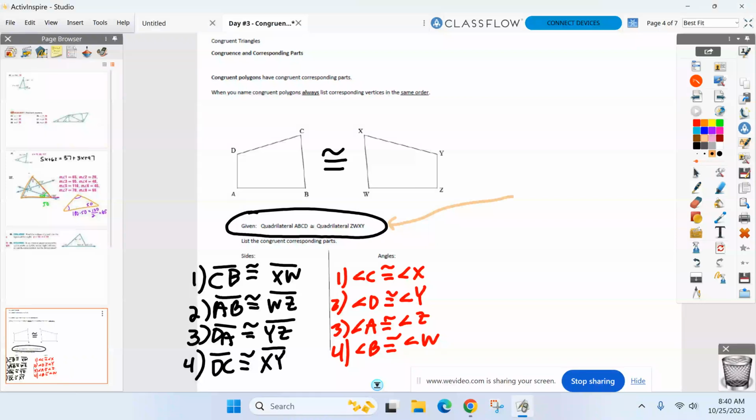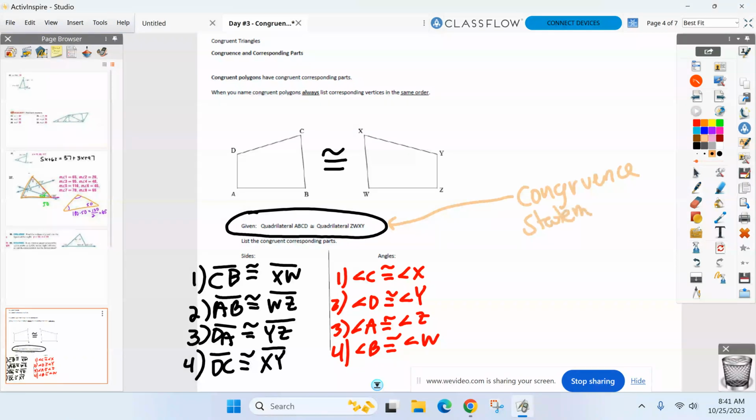Here's why. Take a look. CB, do you see the position of C and B in the first quadrilateral? What's in that same position in the next one? WX. Everyone look, C and X. Notice C is the third spot, X is the third spot. This right here is called a congruence statement. It is powerful.